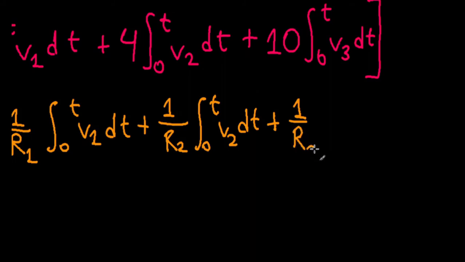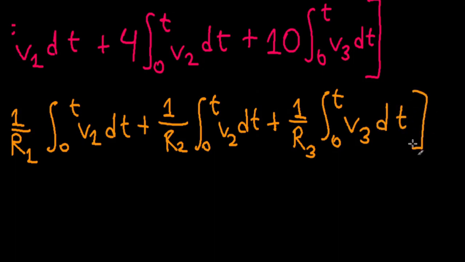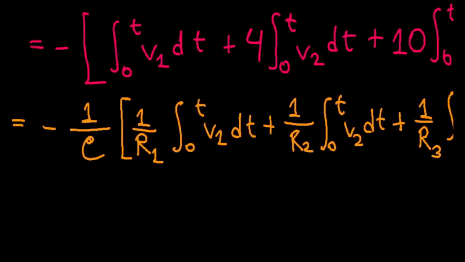I think you see where I'm going, the same thing as the differentiator. I'm just trying to pattern match, just like in the last video. So you have these integrals, and first, this is just some constant outside. If you're considering ratios of 1 by R1, 1 by R2, and 1 by R3, well, the ratio of these three is going to be the same as the ratio of these coefficients right here, right? Here you have a 1, here you have 4, here you have 10.